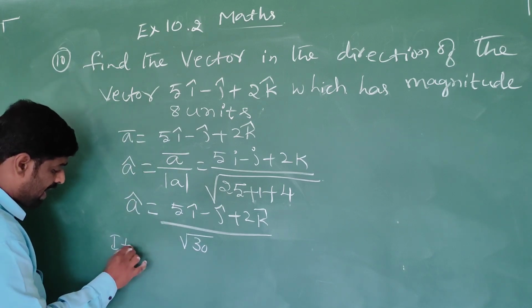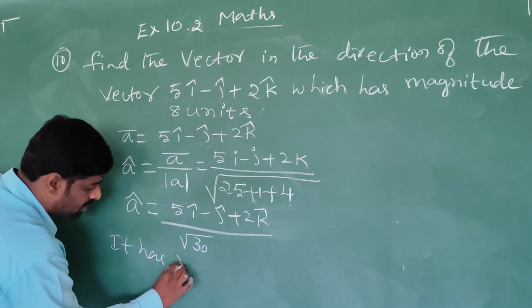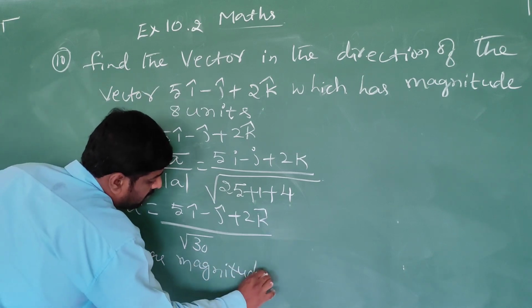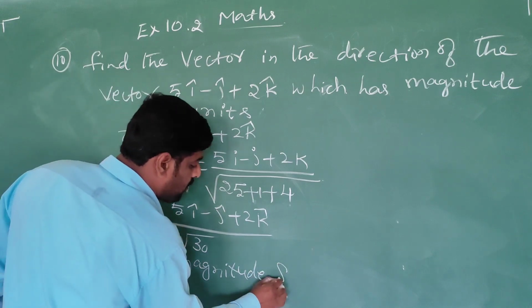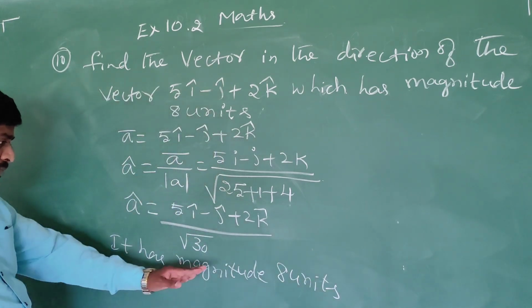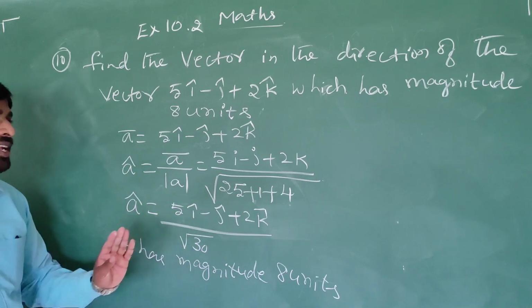Now which has magnitude 8 units. That means I have to equate both sides for 8 units.